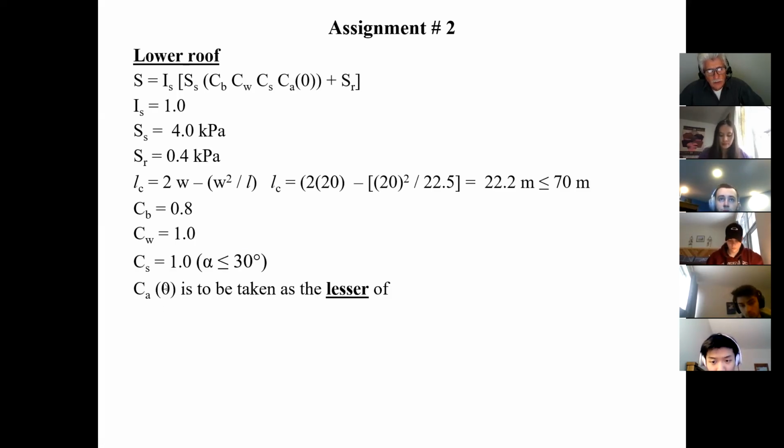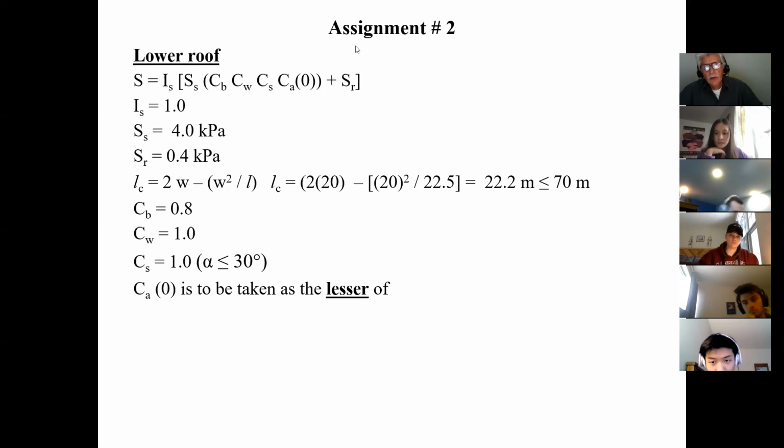that now I have to look at how the snow is going to accumulate right at the point where the lower roof meets the upper roof. In other words, right there, how much of that accumulation is going to happen at that spot? And that's what the CAO means.